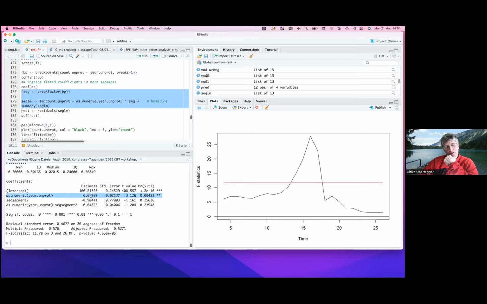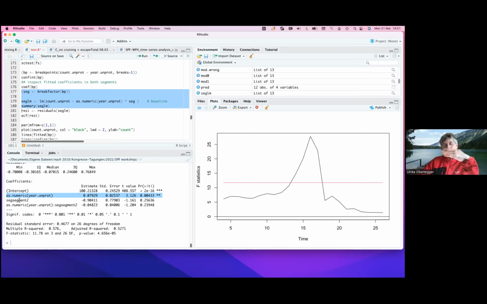But for the next model, segment 2, the estimate for the slope and the estimate for the segment are not statistically significant. And this is something that puzzles me a lot, because the model per se says, okay, you have some data, there is a change point. You have some data where we can estimate slopes and intercepts.